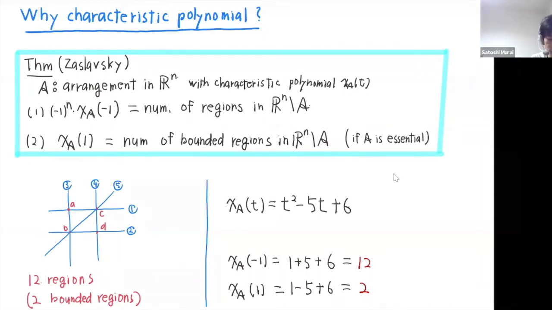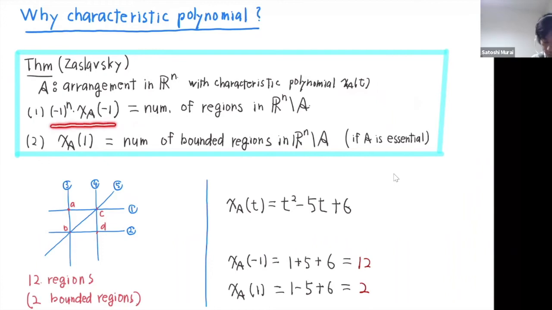Zaslavsky's theorem says the following. Let A be a hyperplane arrangement and consider its characteristic polynomial. If we substitute t equal to -1 into the characteristic polynomial, then you will get the number of the regions of the hyperplane arrangement.